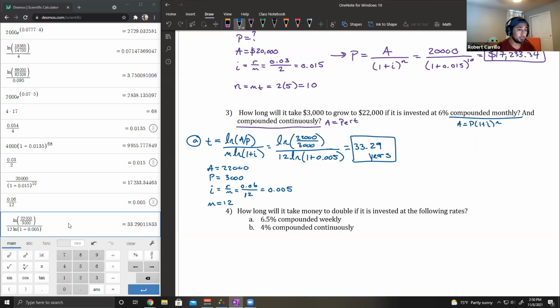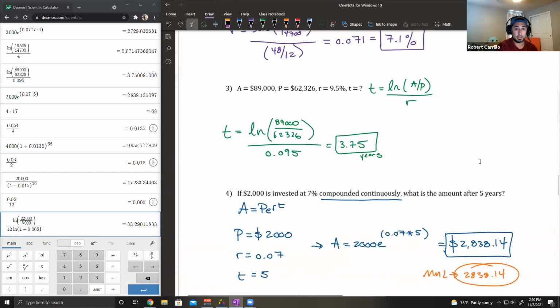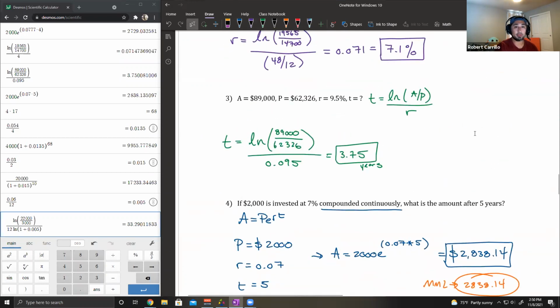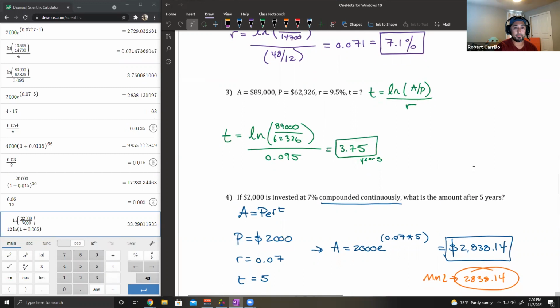Okay. So that's if you compound monthly. Now we have to figure out if you compound continuously. So B. And we need that time formula for continuous compound interest. So that's what we made up here. Time, natural log of A over P, over r.